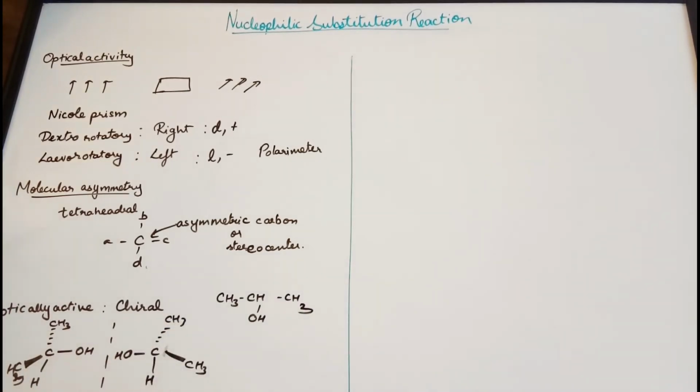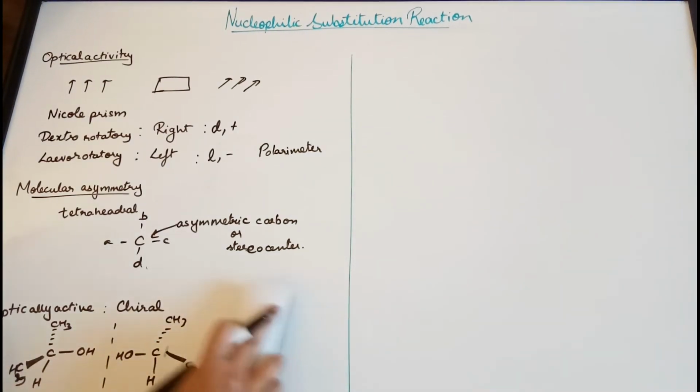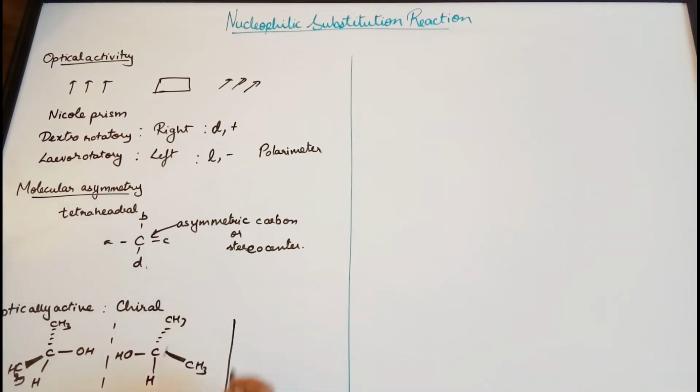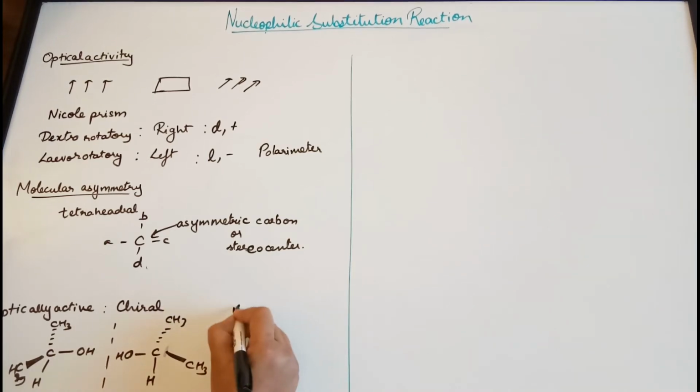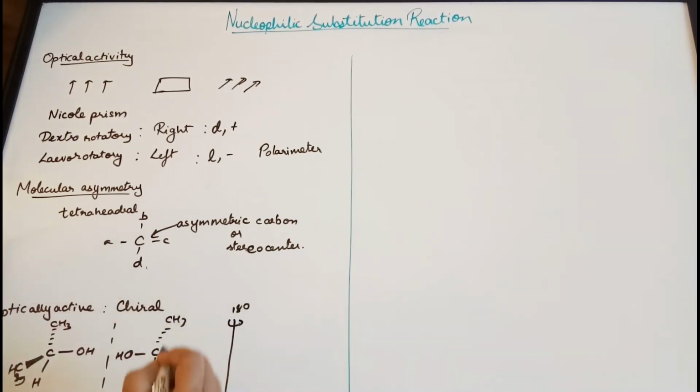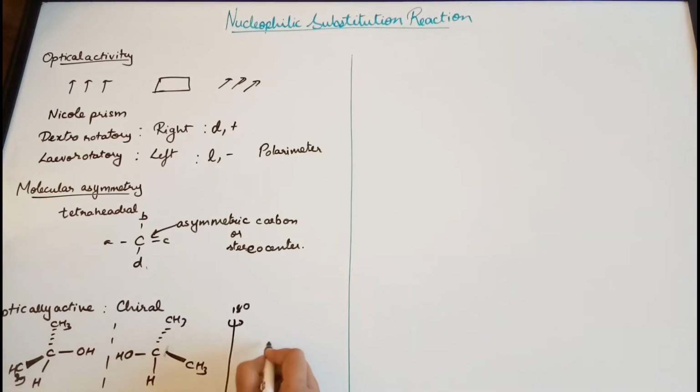Now, when we rotate this structure, what we see is that the structure is actually superimposable on the first one. When we rotate it, it's basically going to be the same as the first structure that we have over here.